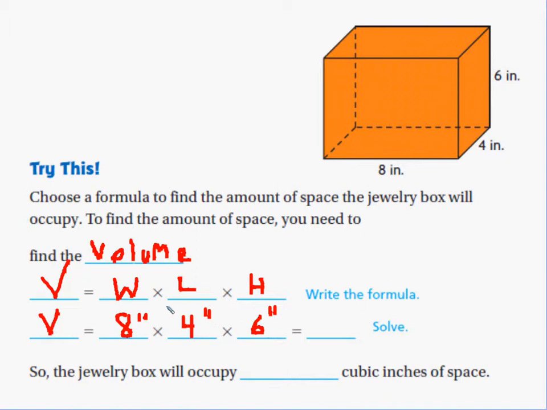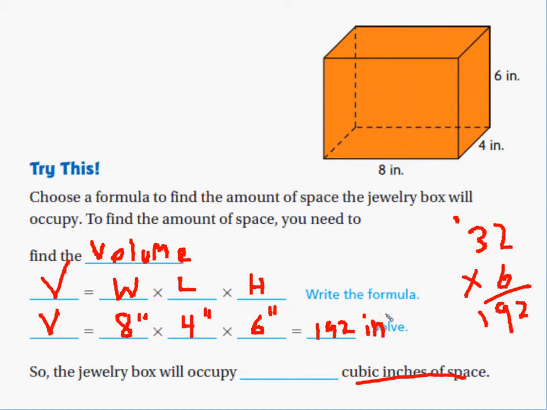You multiply all this together. 8 times 4 is 32, and we multiply that by 6. 6 times 2 is 12, 6 times 3 is 18, plus 1 is 19. So we have 192 cubic inches, which can also be written like this. Now, there's a 3 in the exponent because there are 3 dimensions: length, width, and height.